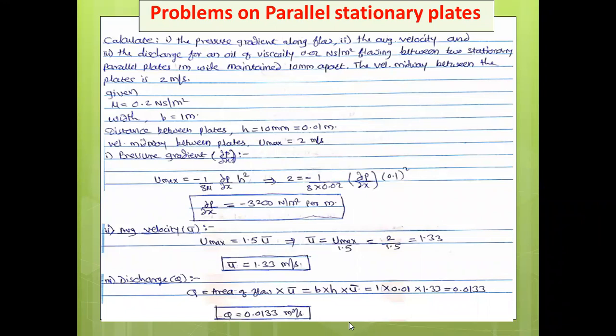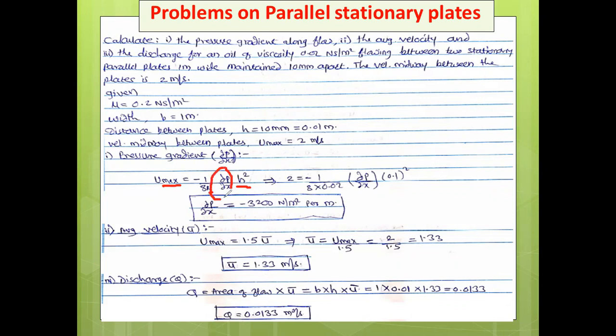By using this formula, put the value of Umax, put the value of mu, put the value of h.